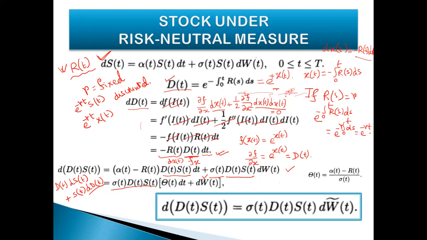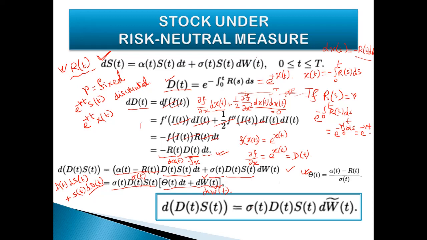From the second term we have only dW_t. From the first term we have alpha_t minus r_t divided by sigma_t dt, which we write as theta_t. Then we have theta_t dt plus dW_t, that means this whole thing is dW tilde_t. So we have d(D_t S_t) equals sigma_t D_t S_t dW tilde_t.